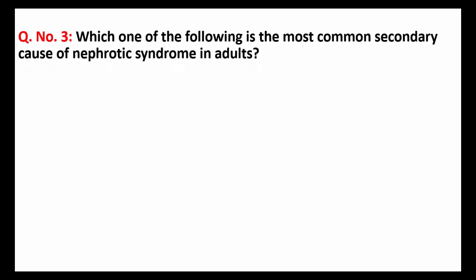Which one of the following is the most common secondary cause of nephrotic syndrome in adults? So what is nephrotic syndrome? It is greater than 3.5 grams per day of albumin in the urine, and there will be generalized edema as there will be loss of proteins in the urine.